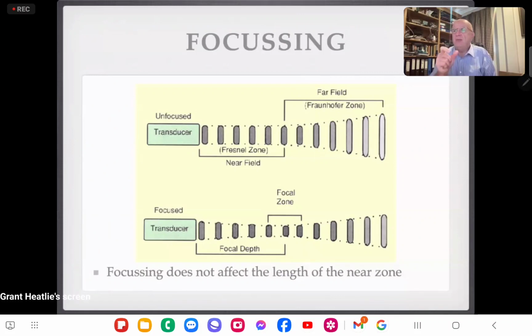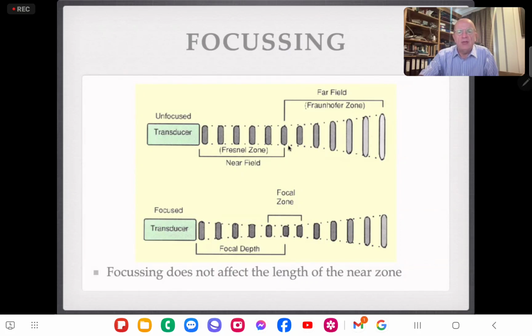It's keeping the beam narrow, and you can only focus within what's called the near field of a beam. The length of the near field is determined by the transducer head size and shape and the frequency. And that's fixed. You can only make the beam narrow within the near field.